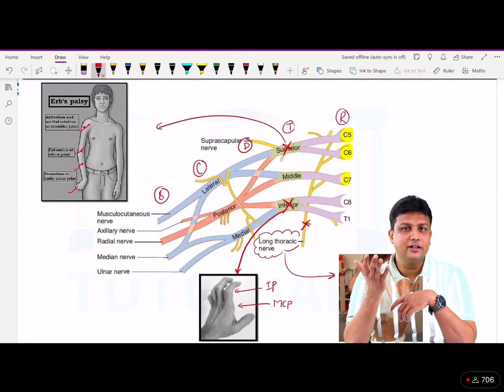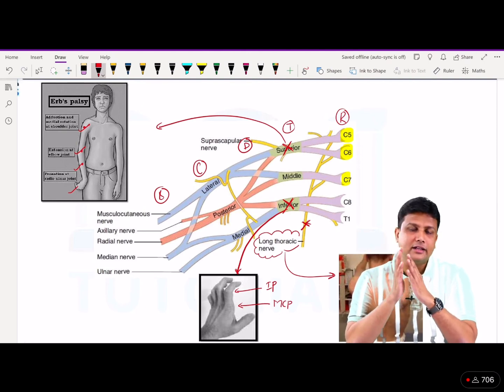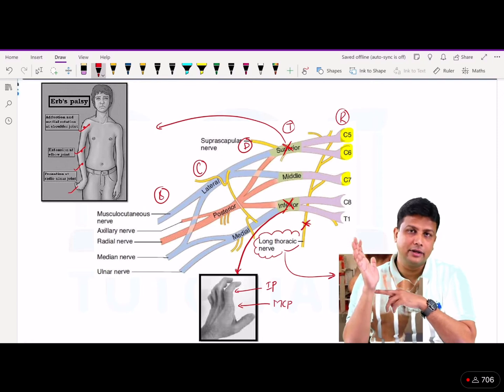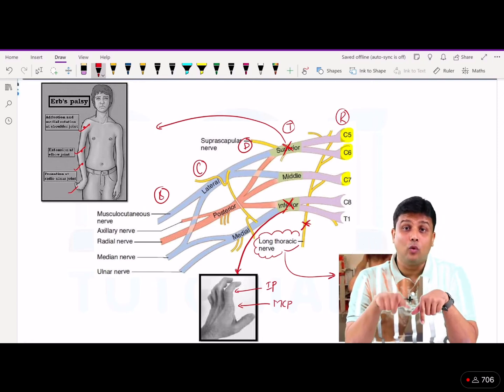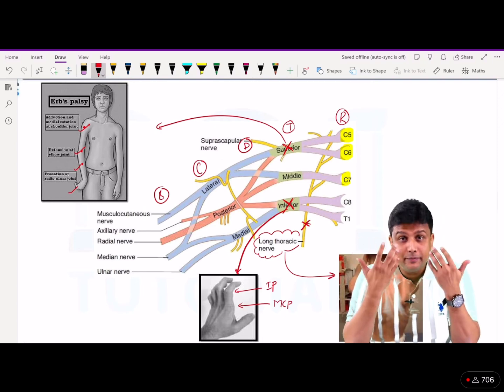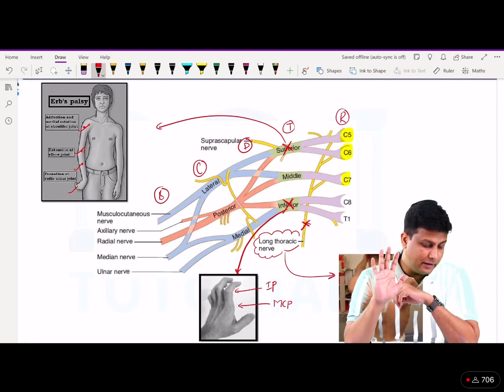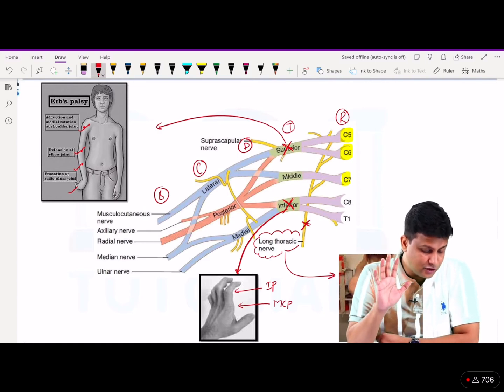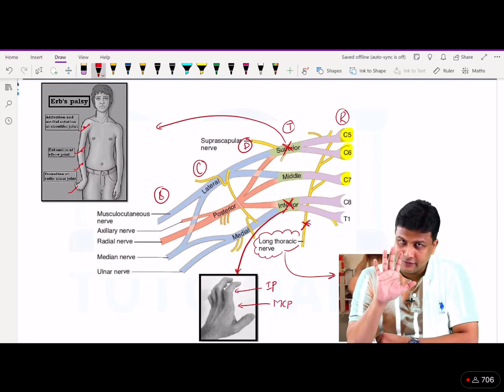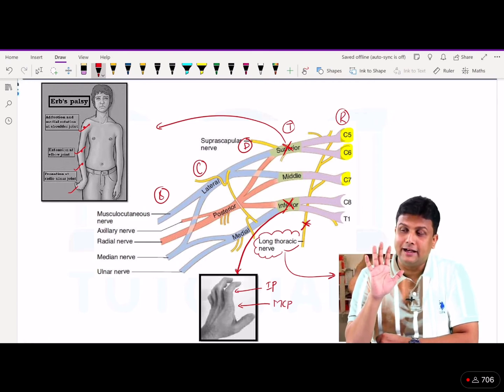Whereas in the hand of benediction, what is going to happen? These fingers are absolutely normal. The median nerve will be involved. So in that, you have to ask the patient to make a fist. Normally the hand will be normal. But when you ask the patient to make a fist, right now you and me, we are normal people, we can make a fist easily like this. When you ask the patient to make a fist, what is going to happen?